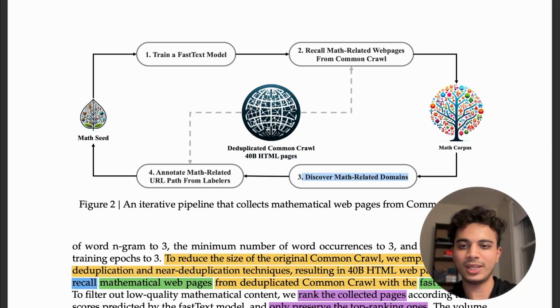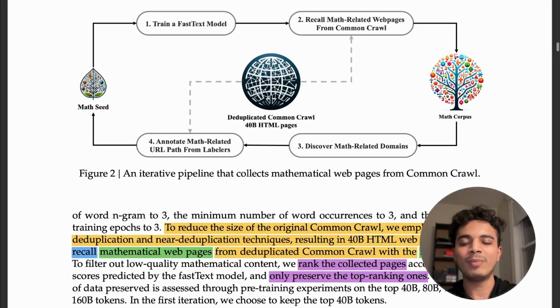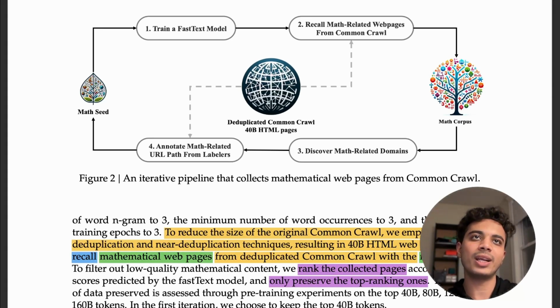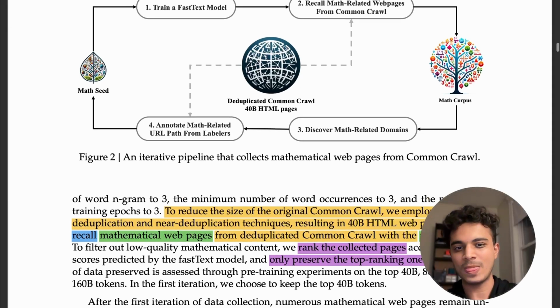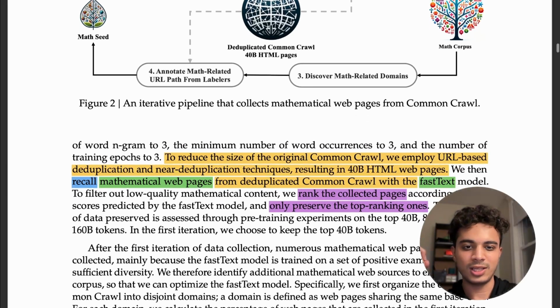They discover math related domains, and they annotate math related URL paths from labelers, then they deduplicate again and again just to make sure that they're not repeating anything. Basically, deduplication is a process where they're trying to minimize the amount of bias in the data and trying to bring more variation into the data, which is going to help them a lot.